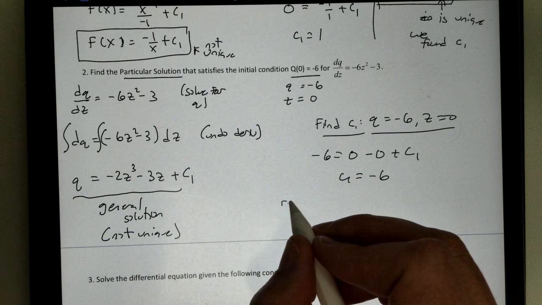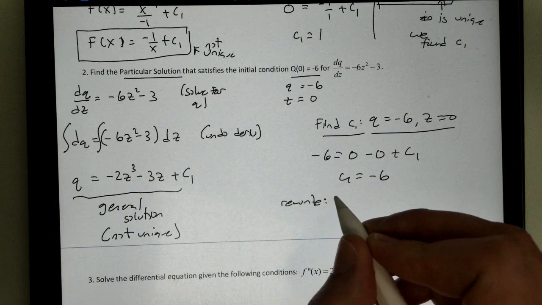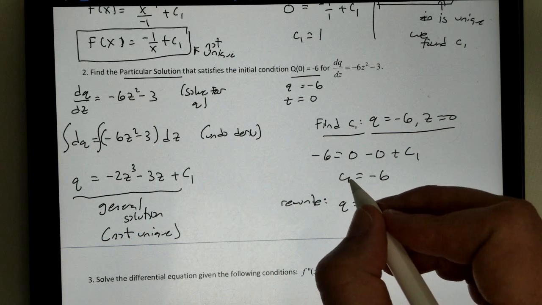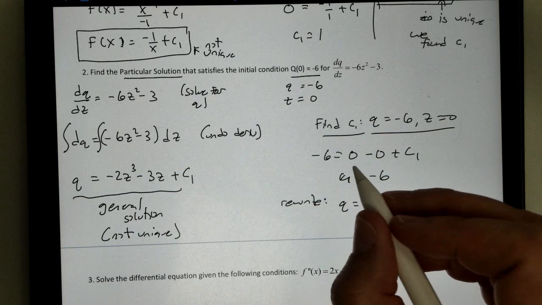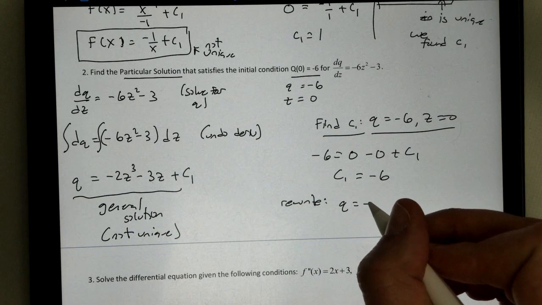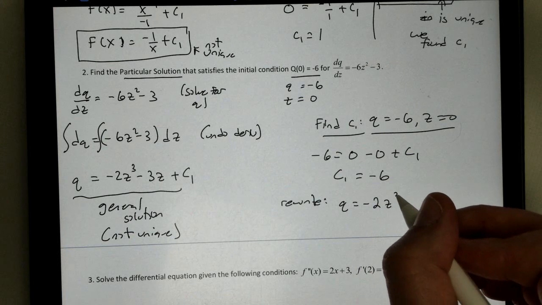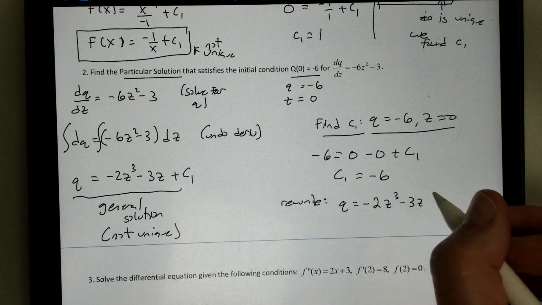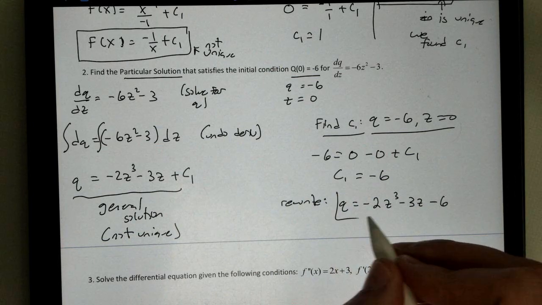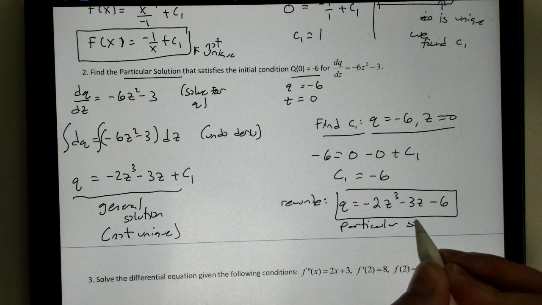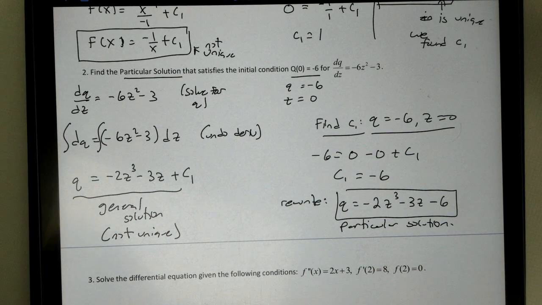And then I can rewrite my answer, my particular solution. Q is negative 2z cubed minus 3z plus c, which is minus 6 for us, so minus 6. And that is what we call the particular solution.